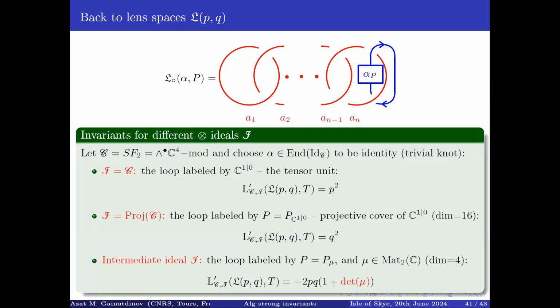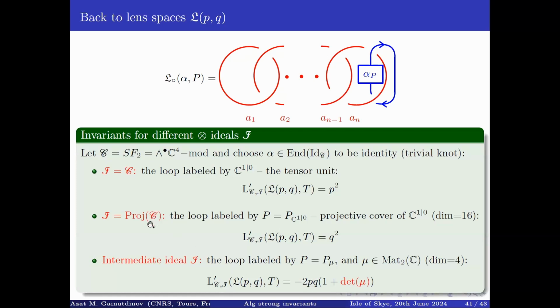Or for simplicity, you could even think about just the three-dimensional sphere and talk about invariants of links, just rings in S3. When you choose the ideal C, the standard one, for any object it gives you an invariant of this link, but this invariant will not see internal structure.